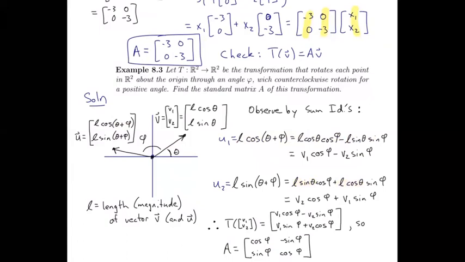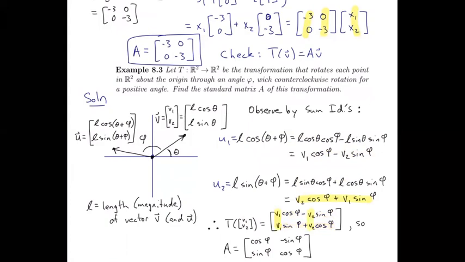Now, what does T do to the vector V then? V1, V2? Well, it outputs U1, which is this, and U2 in the second component, which is this. And if we pause for a look at this momentarily, we realize that V1 and V2 are the variables here.